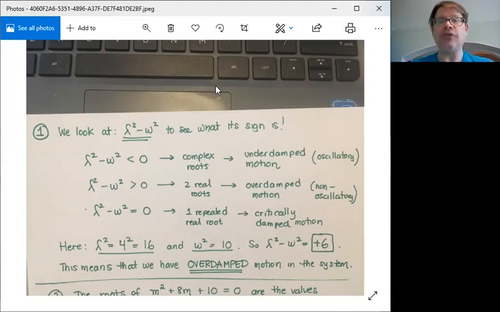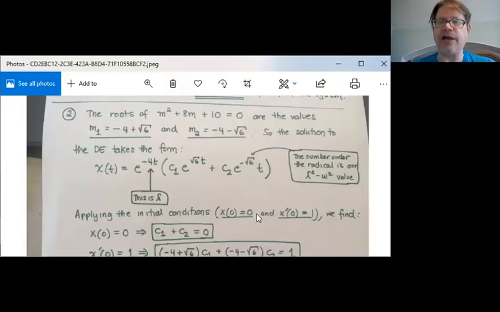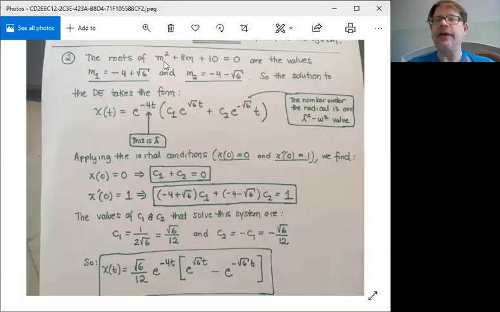Now that we know what to expect, we can take a look at what the exact equation of motion will be for the particular initial conditions that we had mentioned earlier. The differential equation x double prime plus 8x prime plus 10x equal to 0 has an auxiliary equation of m squared plus 8m plus 10 equal to 0.